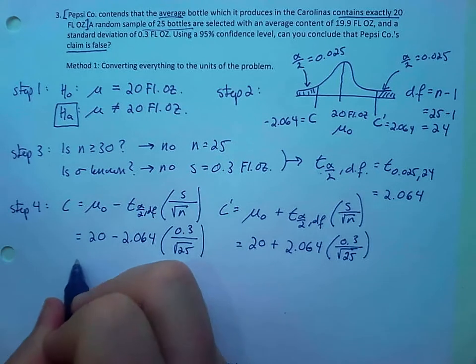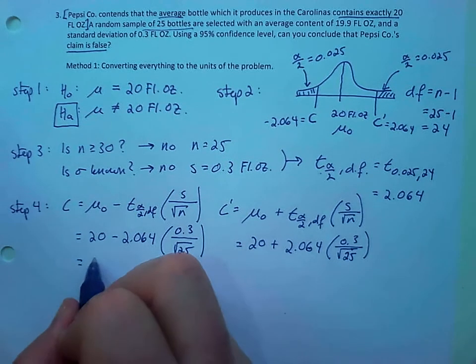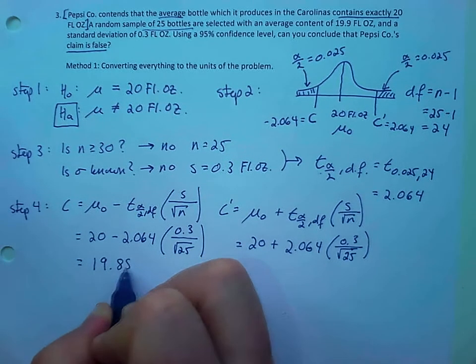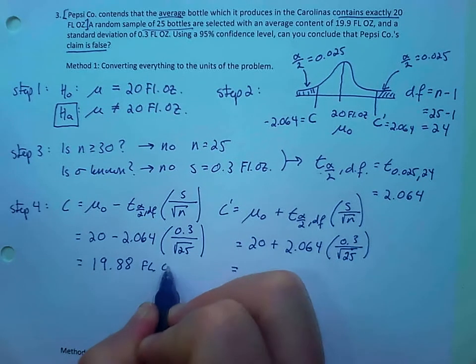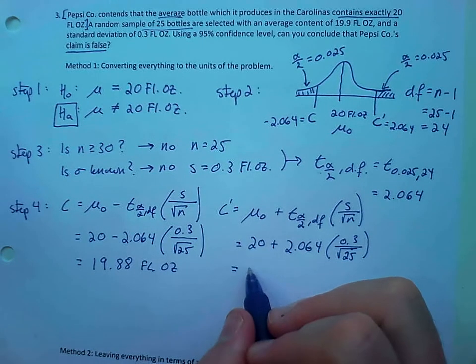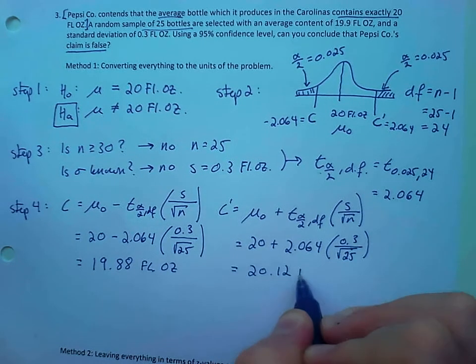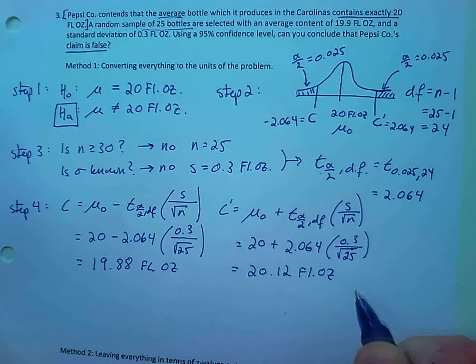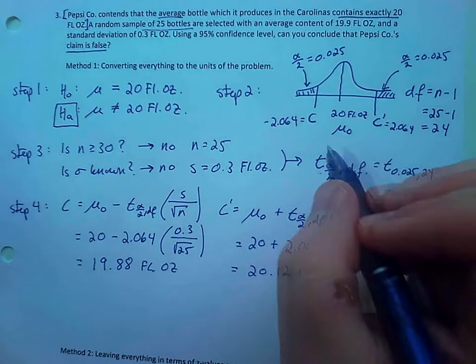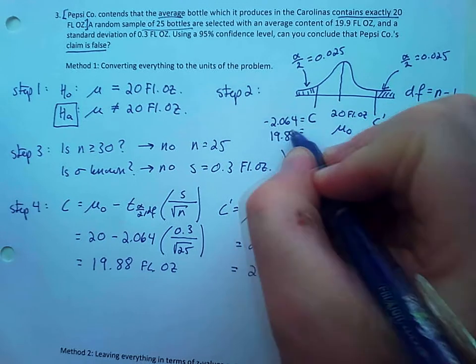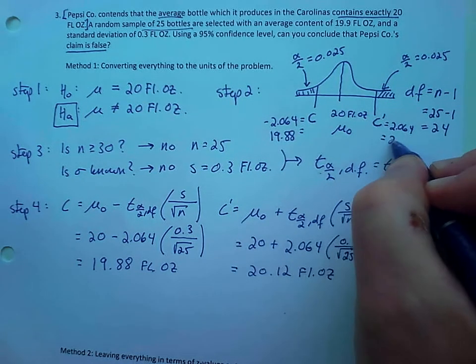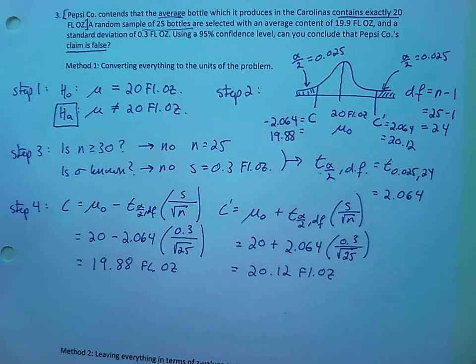And doing the arithmetic on both of these, we get that our left-hand side critical value comes out to 19.88 fluid ounces. And our right-hand side critical value comes out to 20.12 fluid ounces. So therefore, if we convert these critical values to the units of the problem, this one over here is 19.88 fluid ounces, and this one over here is 20.12 fluid ounces.